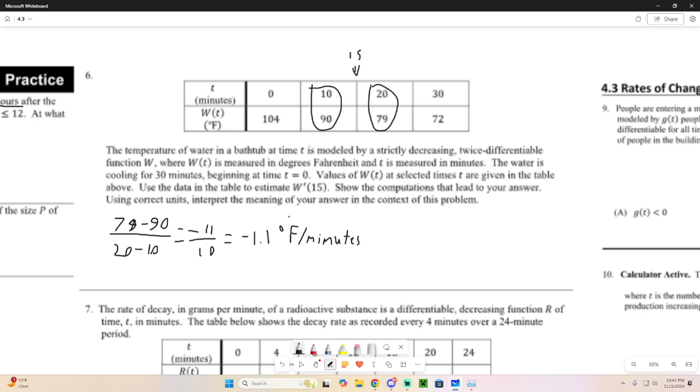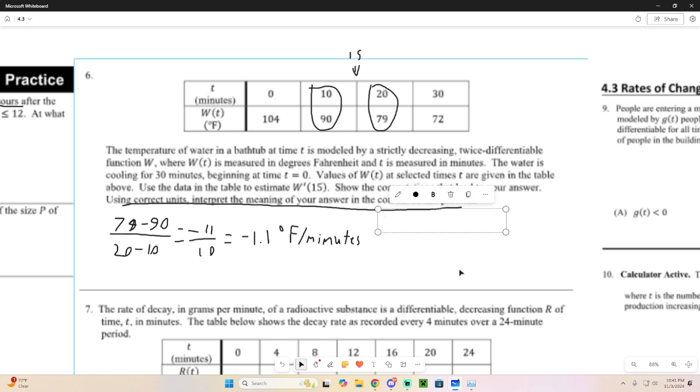Okay, so now the next part of the question is using correct units, interpret the meaning of your answer in the context of this problem. So I'm going to say, at 15 minutes, or what does it say? t is measured in minutes.